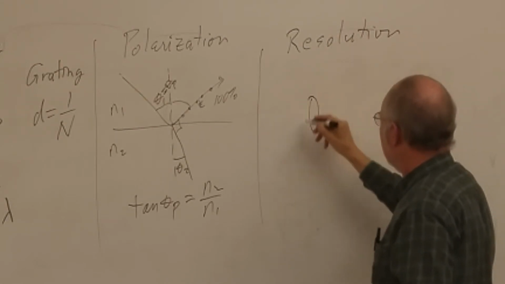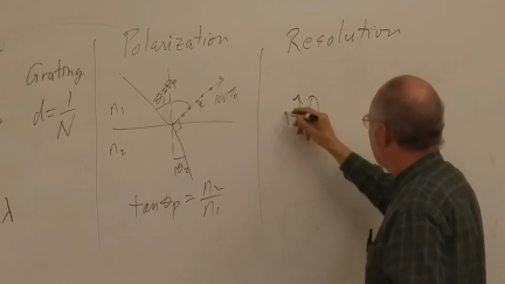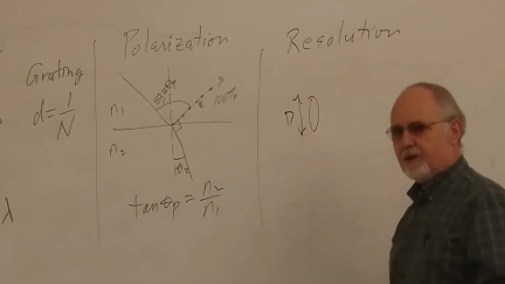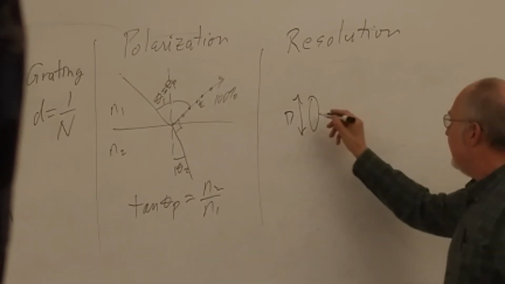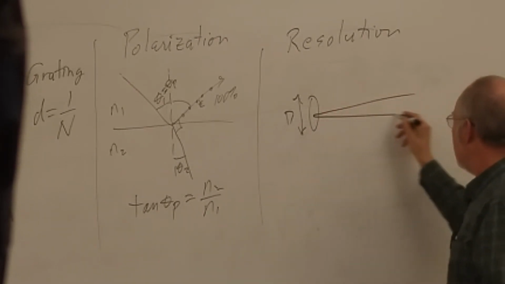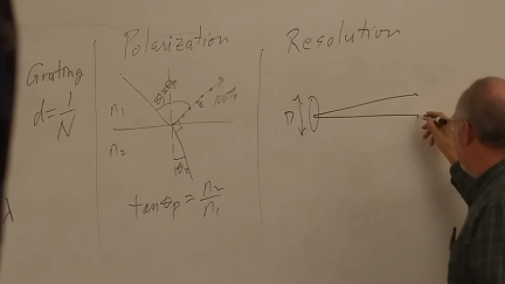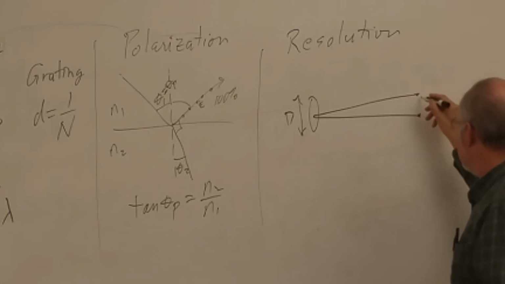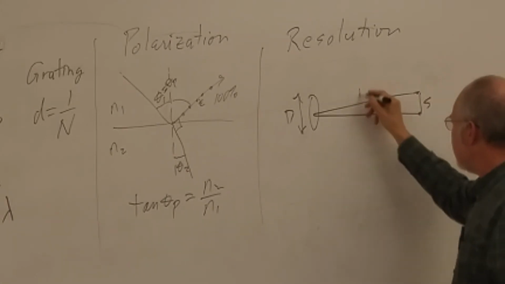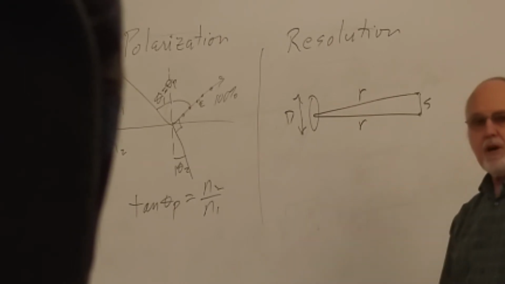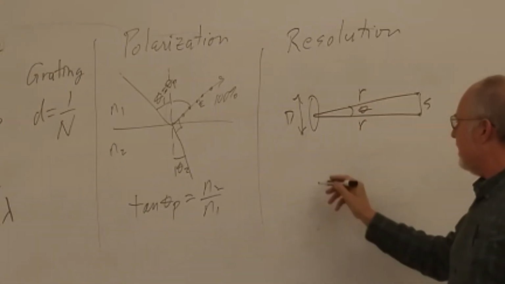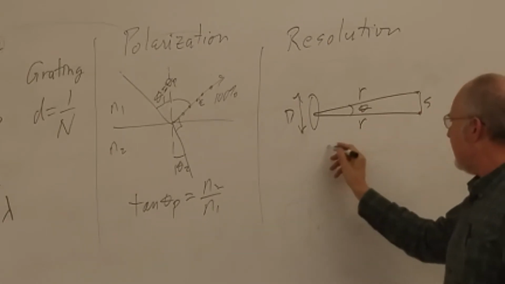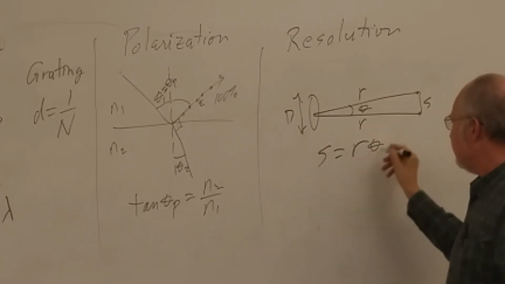And so if you've got an opening, this could be like the diameter of the telescope or the diameter of the pupil in your eye. And you've got 2 points over here that are emitting light, separated by some distance s, both the distance presumably r away from you. You've got some angle here, and the relationship there is s equals r theta.